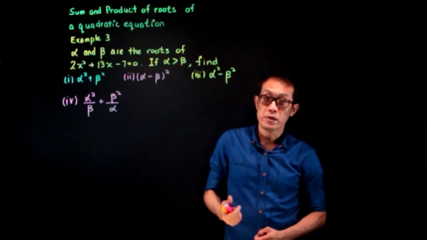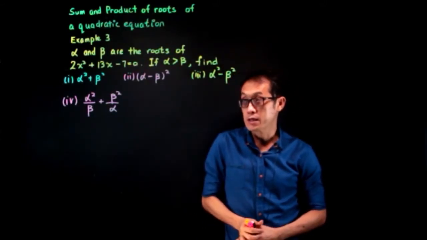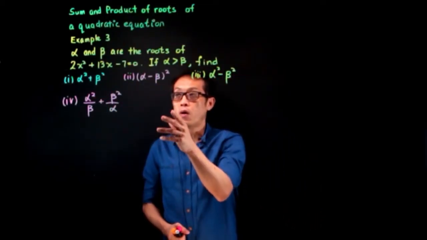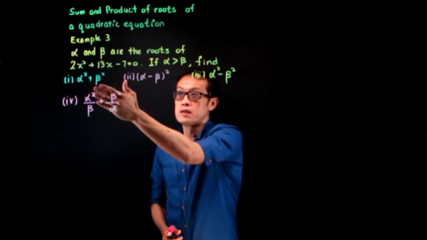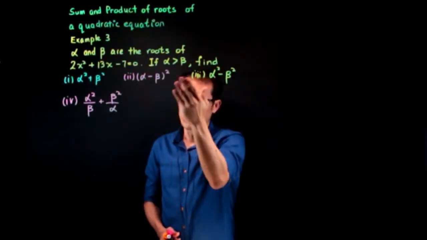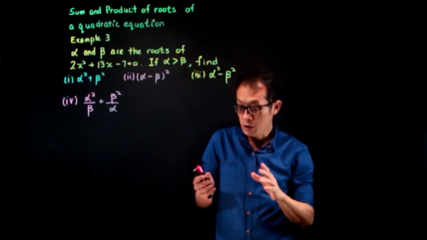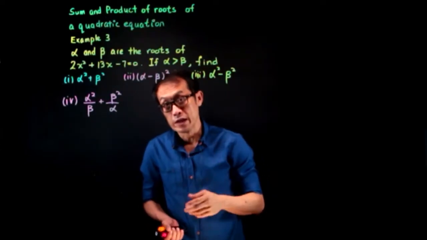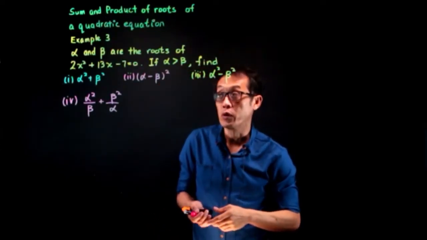So you can use completing the square or the quadratic formula. And from there, you can work out the value of all the 4 expressions. But we are not going to do that. We are going to use what we have learned earlier, that's the sum of roots and the product of roots.